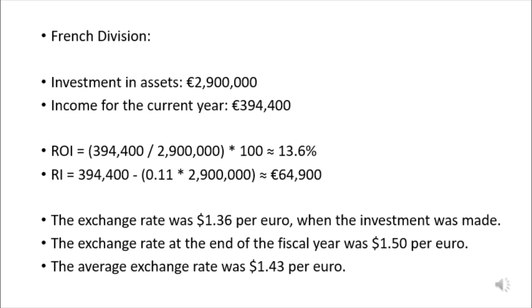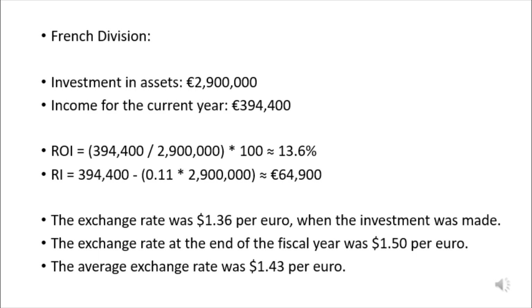Secondly, for the French division, we use the formula again and we find the return on investment of 13.6%. Then we use the other formula to find the residual income and the result equals 64,900 euros. At the same time, to calculate the ROI and RI in dollars for the French division, we need to consider the exchange rates.